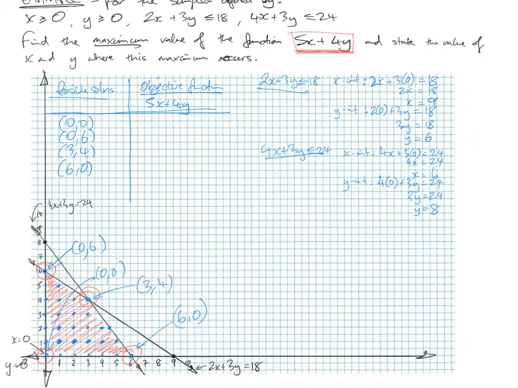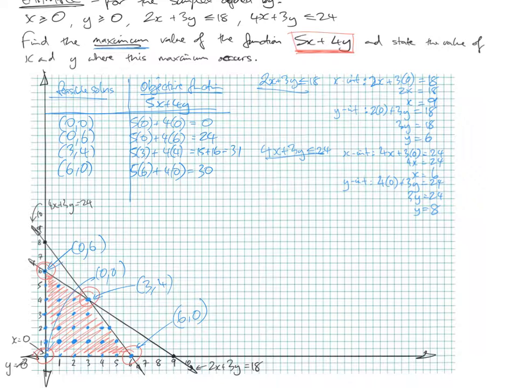So, to work out the answer to the objective function, 5 lots of 0 plus 4 lots of 0 is going to be 0. 5 lots of 0 plus 4 lots of 6 is going to be 24. 5 lots of 3 plus 4 lots of 4 is going to be 15 plus 16, which is 31. 5 lots of 6 plus 4 lots of 0 is 30.